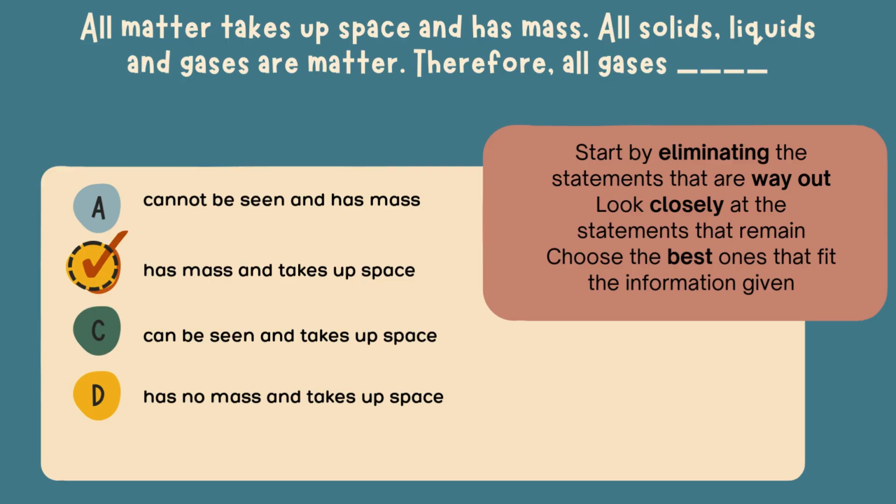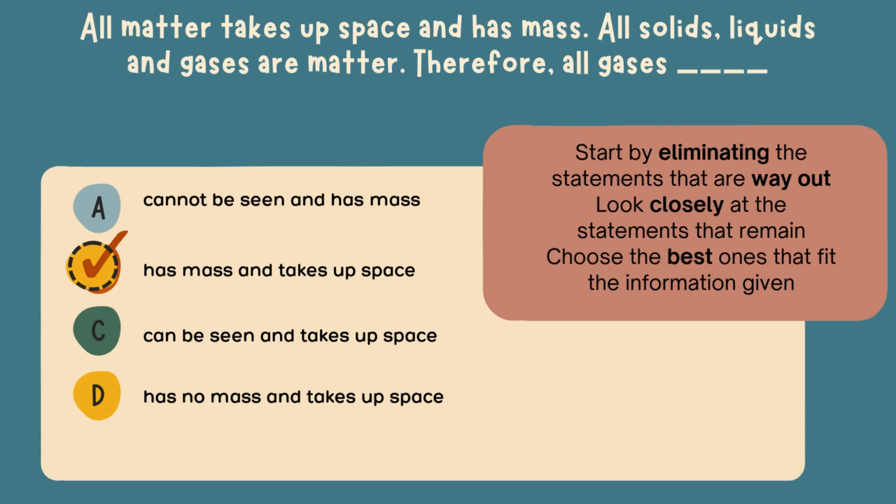So the key thing to do, a tip, is to start by eliminating the statements that are way out. Look closely at the statements that remain and choose the best one that fits the information given. So from the passage, it says all matter takes up space and has mass. And then it states the different matter, and then it says therefore all gases. A says cannot be seen and has mass, so A would be out of it.